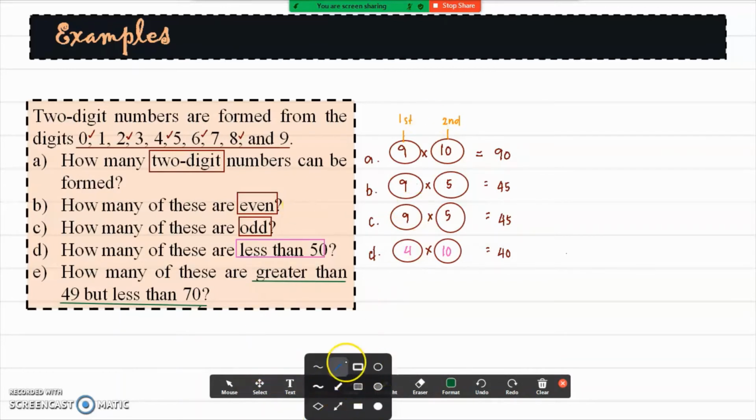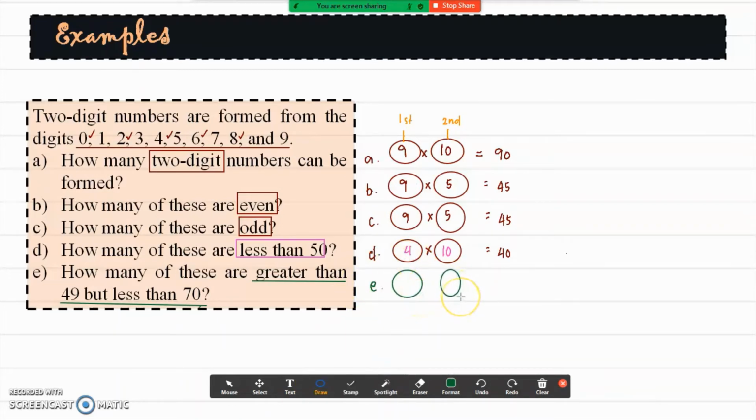So still using circles for letter E. For the first digit, we can only have the digits 5 and 6. So we only have two possible options for the first digit.